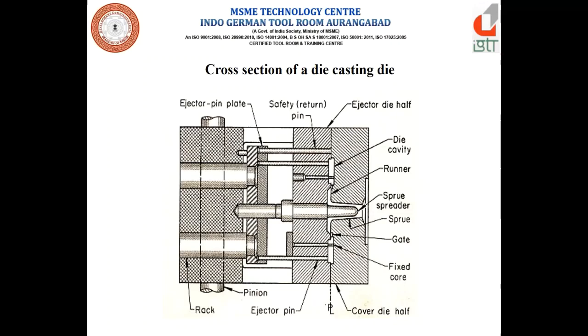The next are runners and gates. The metal enters the sprue and is directed into one or more passages or runners. Near the component area, the cross section of the runner is decreased to form a gate, and that allows the metal to enter into the die cavity.